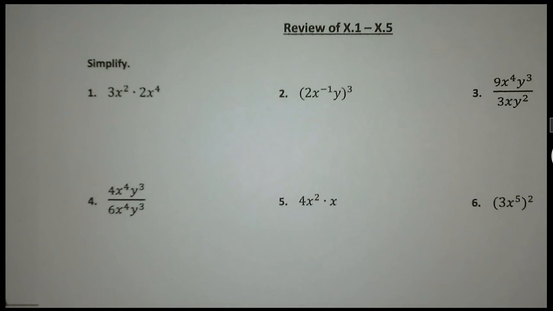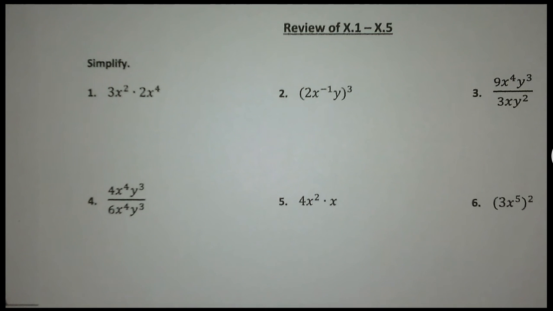We're going to start off official business this week by reviewing the things that we were looking at right before school got shut down. We have been calling this section Unit X. What we're going to do in this assignment, quote unquote, is do a quick review of what we're calling sections X.1 through X.5.